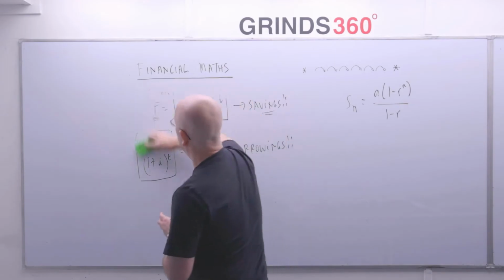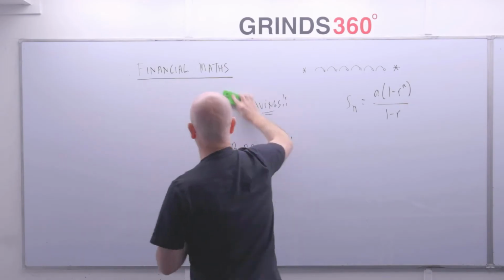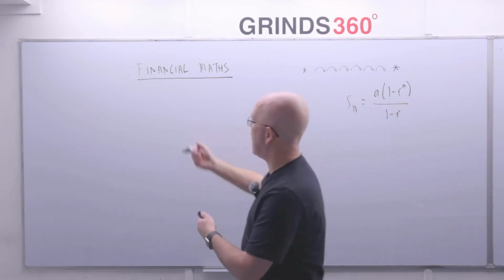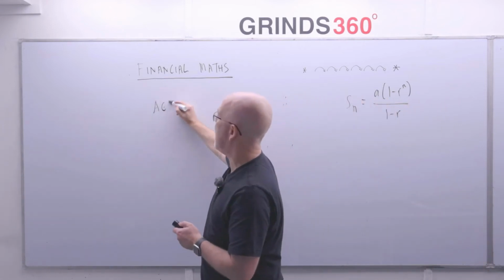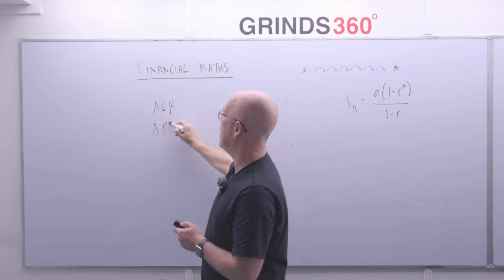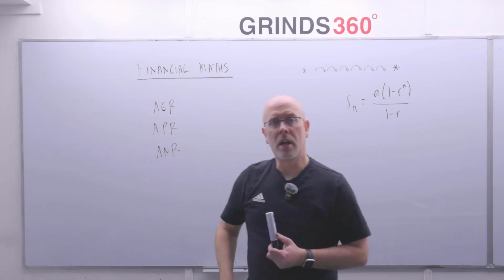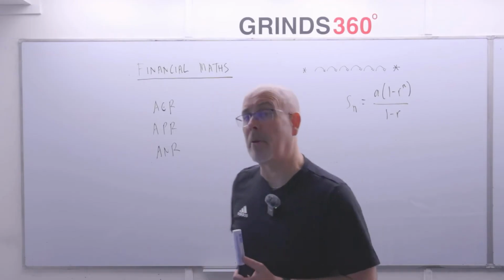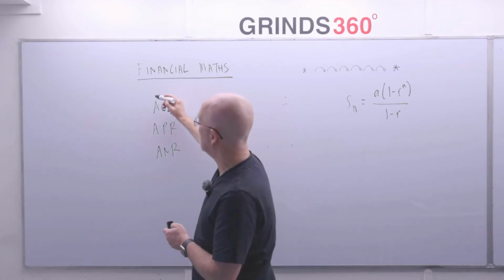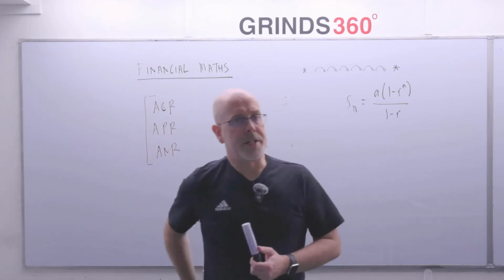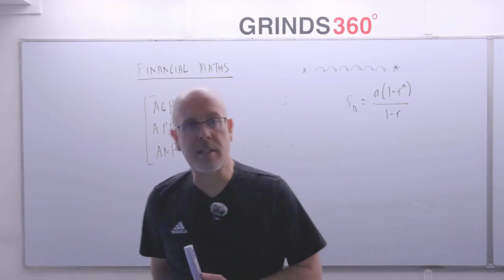But just before we do that one, to clarify something: you'll see these abbreviations used in these questions, AER, APR, ANR. The annual equivalent rate, the annual percentage rate, the annual nominal rate. What's the difference between them? From a maths perspective, we handle them the same way.